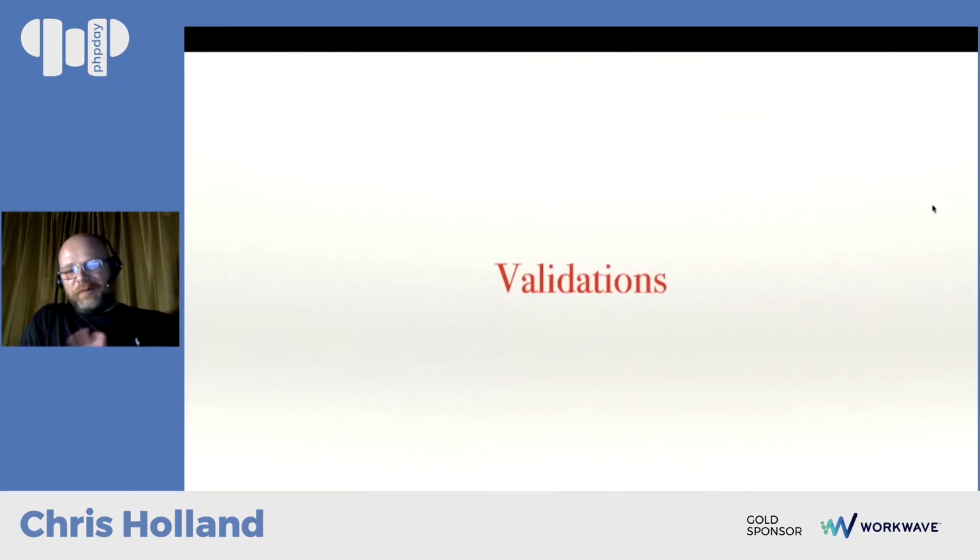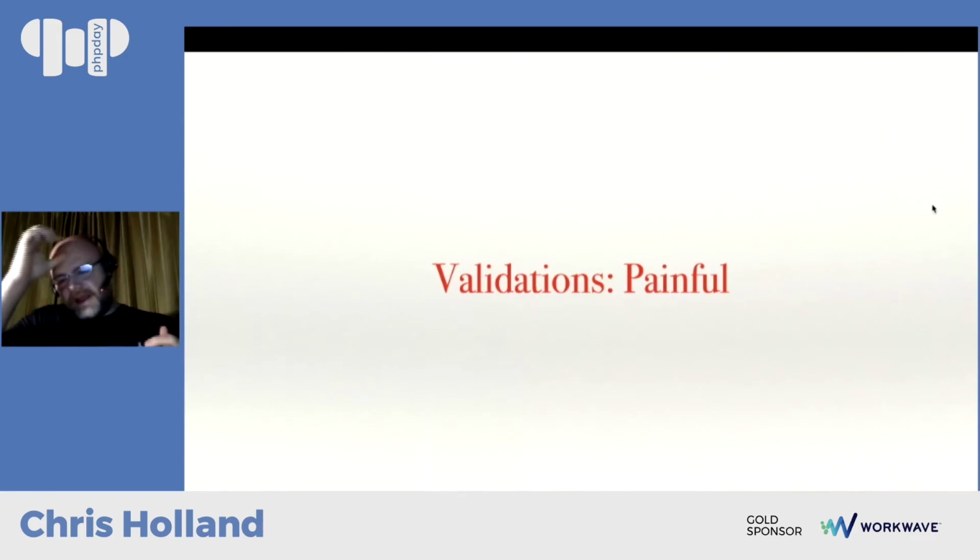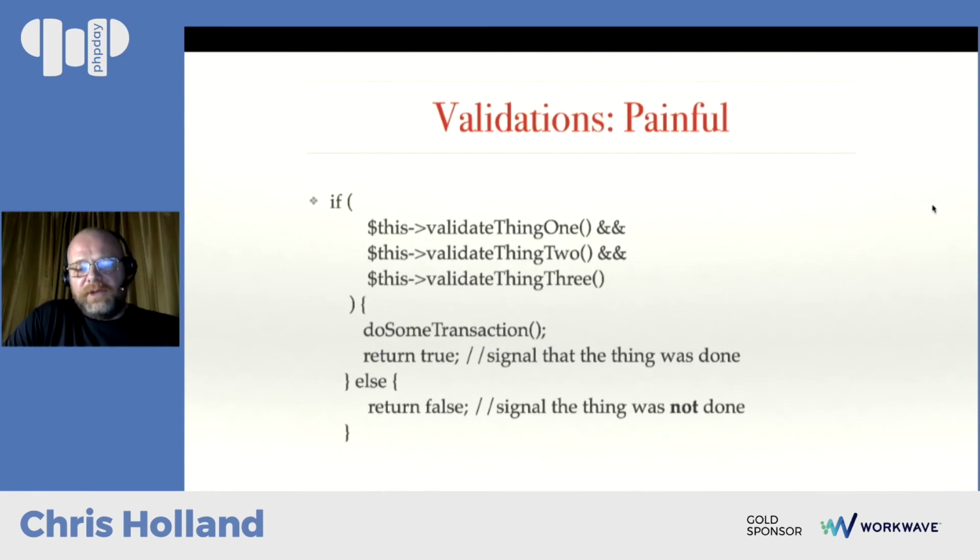Okay, so let's jump right into it. Let's look at validations in code. We're going to look at a pretty typical way of doing validations, which in my experience feels a little bit painful. It works. So here's a simple code, right? You may have an if block where you validate thing 1, and validate thing 2, and validate thing 3.